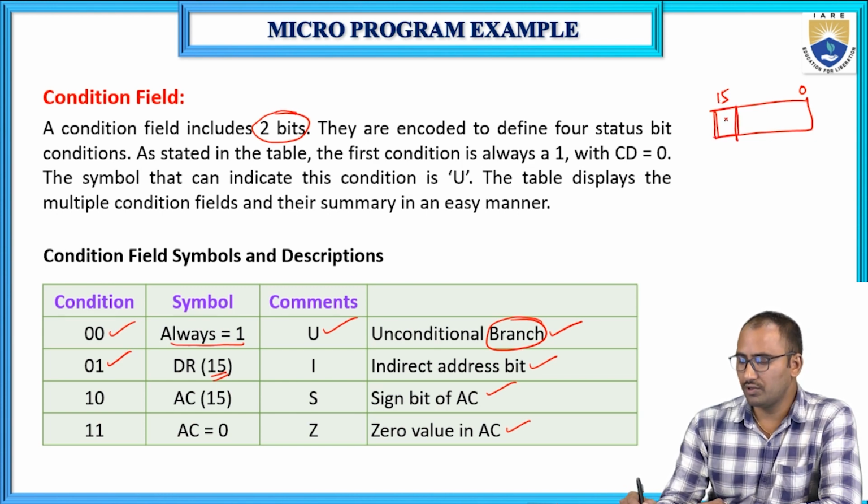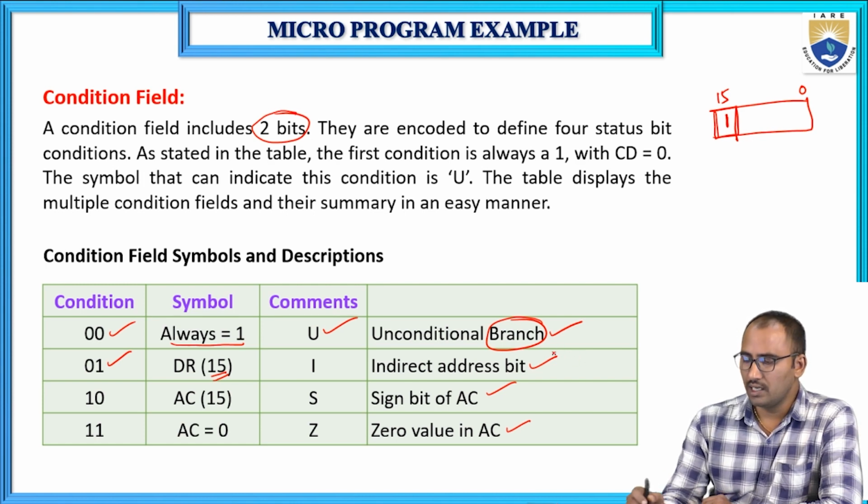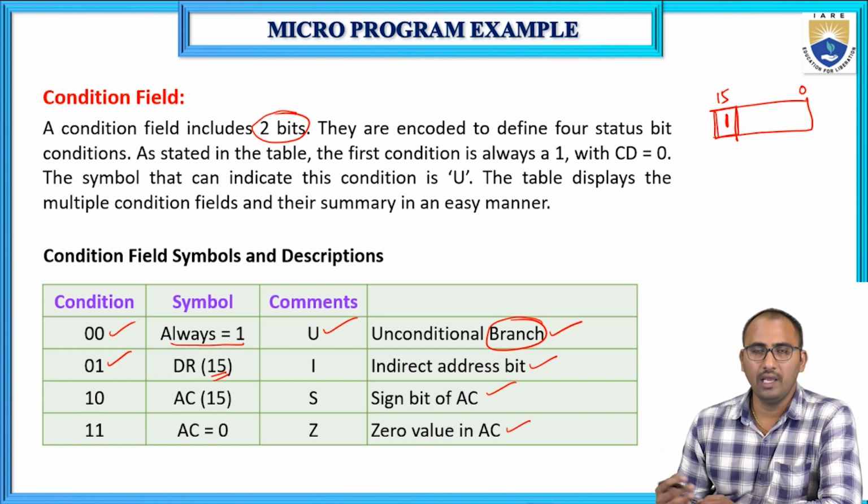If the 15th bit is equal to 1, then the condition is true. That signifies the indirect address bit. Indirect address means if the 15th bit is equal to 1, then we need to go to the memory in order to calculate the effective address.